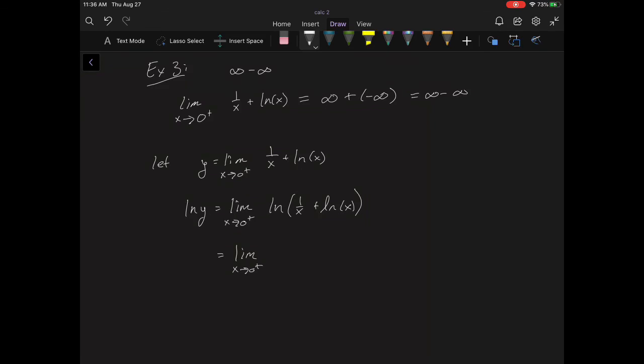Now, we can break down 1 over x inside the log, and we can just make that negative log of x. So let's just do that real quick to simplify our derivatives when we eventually have to take them. So direct substitution here is going to give us negative infinity for the limit as we approach 0 from the right of negative log of x.